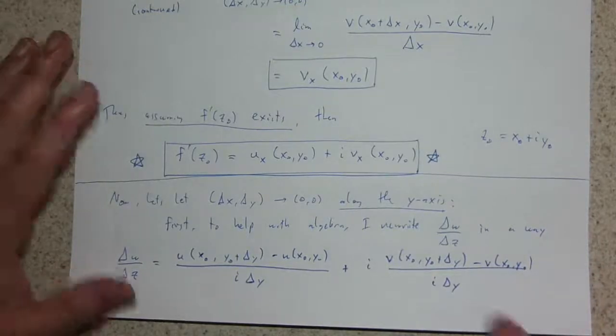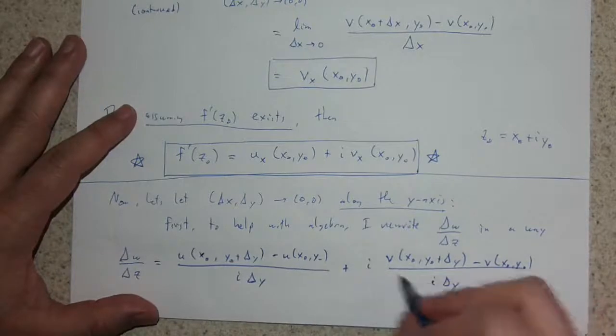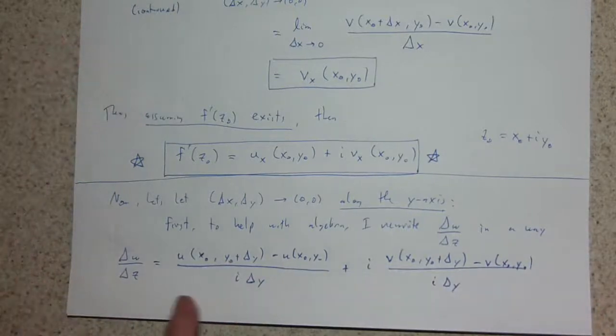Now, of course, here the i's cancel, but here they don't. So here I'm really multiplying this expression by 1 over i.